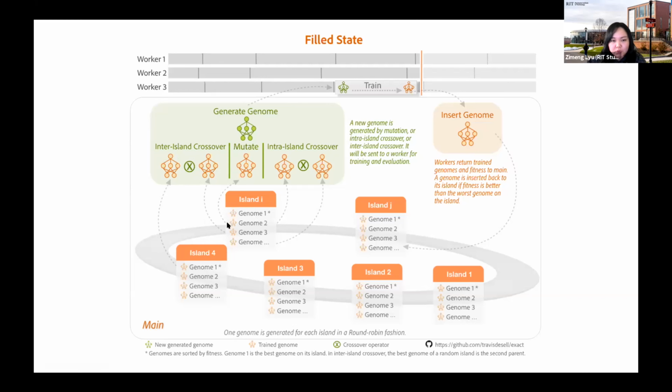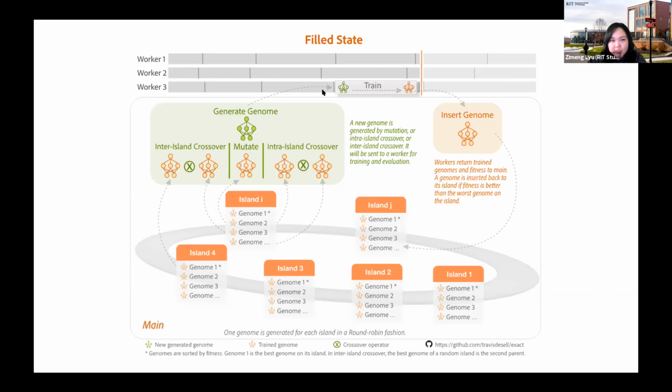We can also do mutation, where the parent of the mutation is randomly selected from the current island. Or we can do intra-island crossover, where two parents are randomly selected from the current island. The genome is generated for the current island, and then it is sent to a worker process.